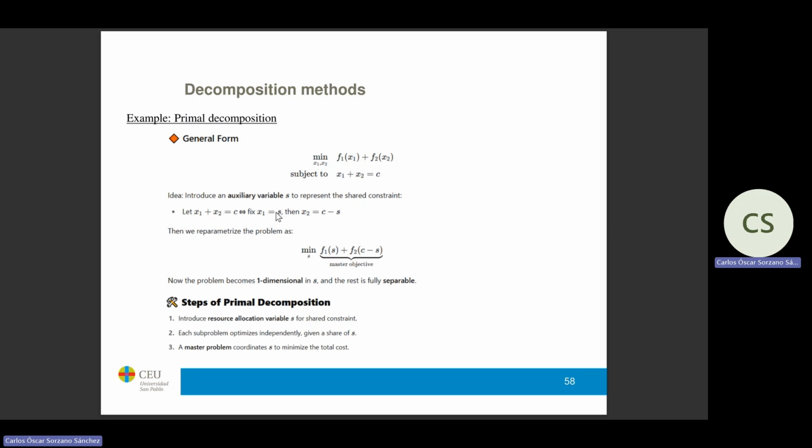If x1 is s, because of the constraint, x2 has to be c minus s. Now you substitute into the original problem. This is called a reparametrization of the original problem. Now everything depends only on s, so it is a one-dimensional problem, the same dimension as x1.